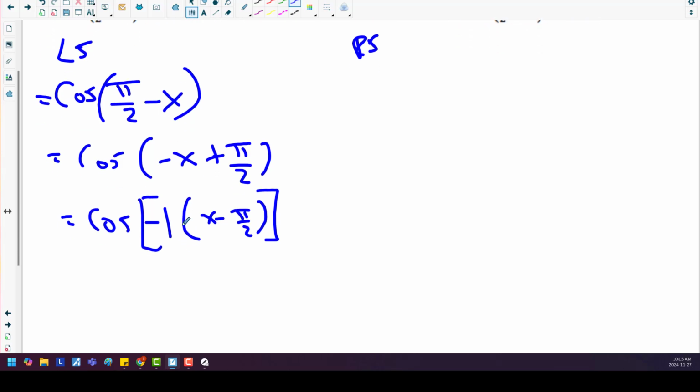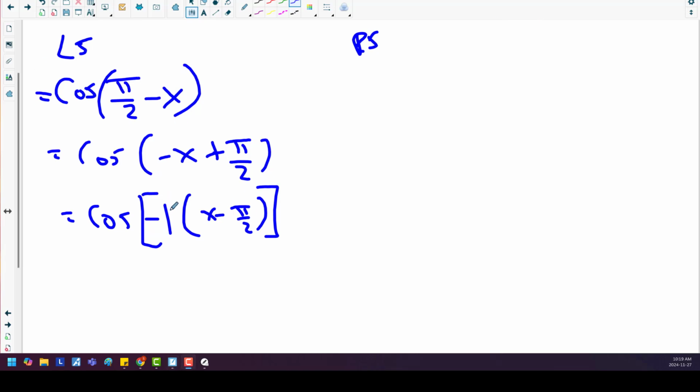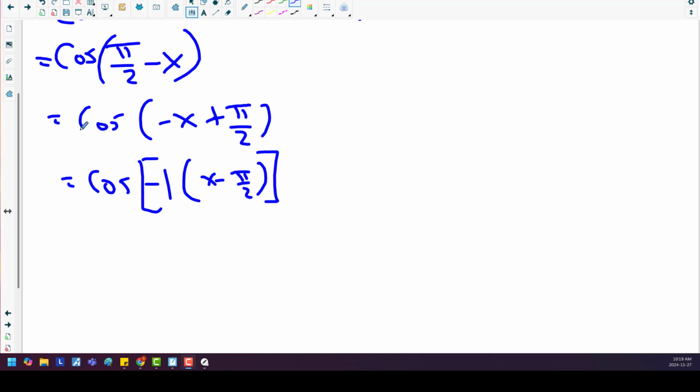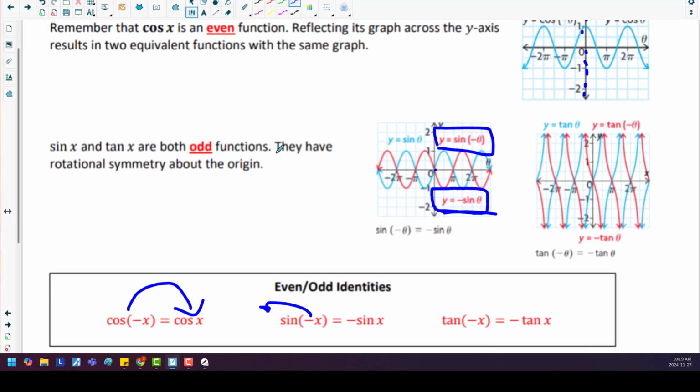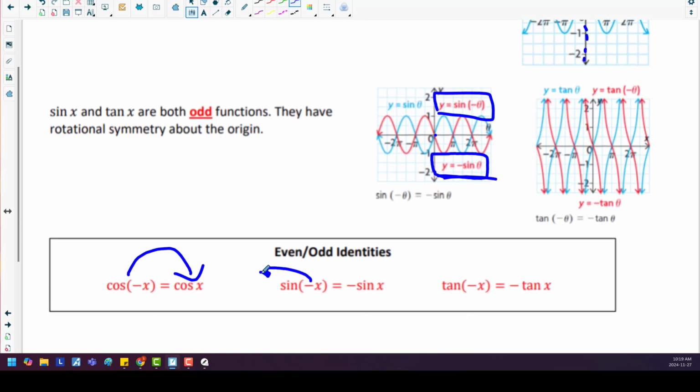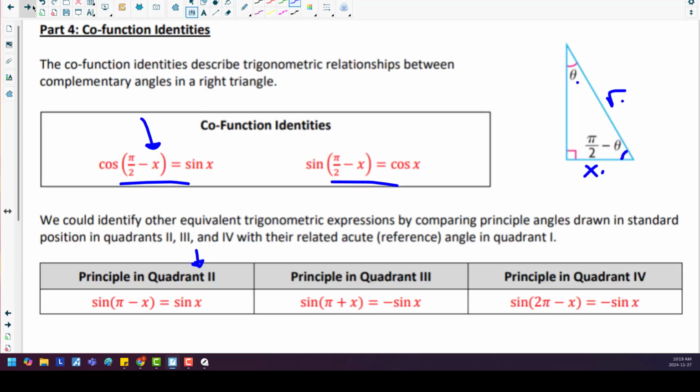We know that cos is an even function. Remember from our previous example, we used our even and odd functions. So if I have a negative sign on the angle, you can just get rid of it because it's an even function.